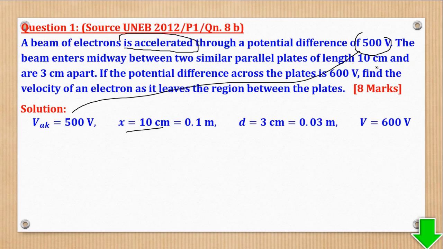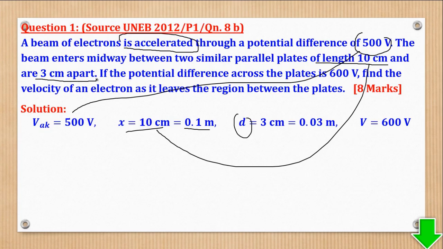If you read through this question, they said length 10 centimeters. That is why you put X to be 10 centimeters, which is 0.1 in terms of meters. Then D was the separation of the plates, and you see this word 3 centimeters apart, meaning this will be the separation of the parallel plates.